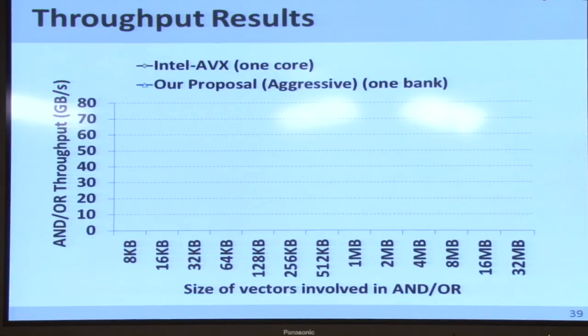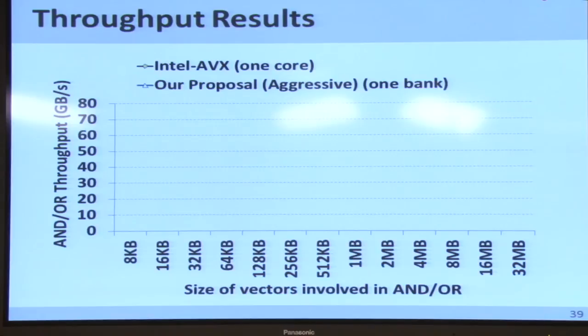The x-axis shows the size of the vectors involved, and the y-axis is the throughput in gigabytes per second of AND or OR operations. Now, let's say I run it on an Intel system.